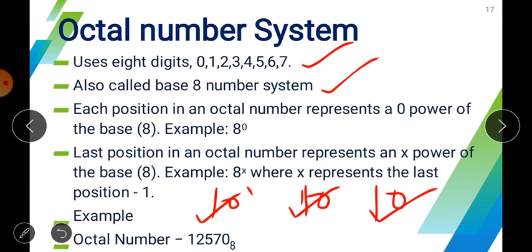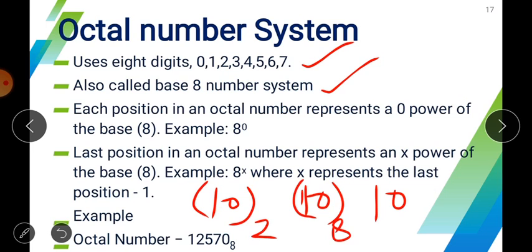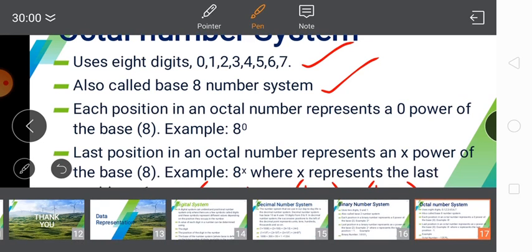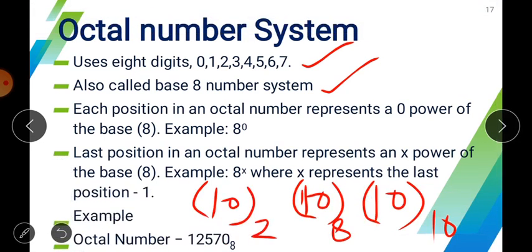For example, if we write in a bracket 2, again in a bracket 8 as a subscript, and again here 10. So now it can easily be said that here the base is 2. So we are using 2 numbers or 2 digits in the binary number system. So this 10 belongs to the binary number system.